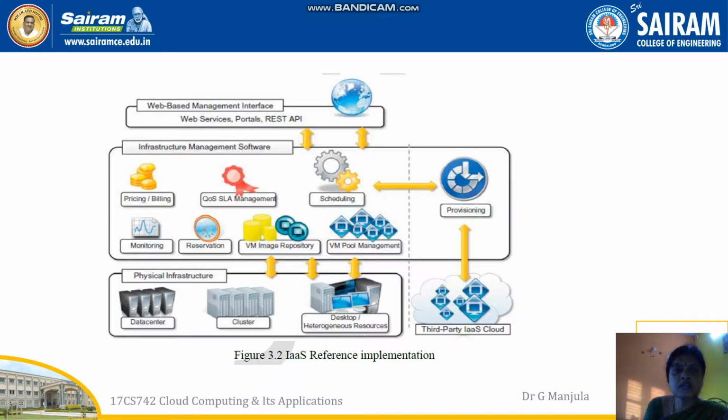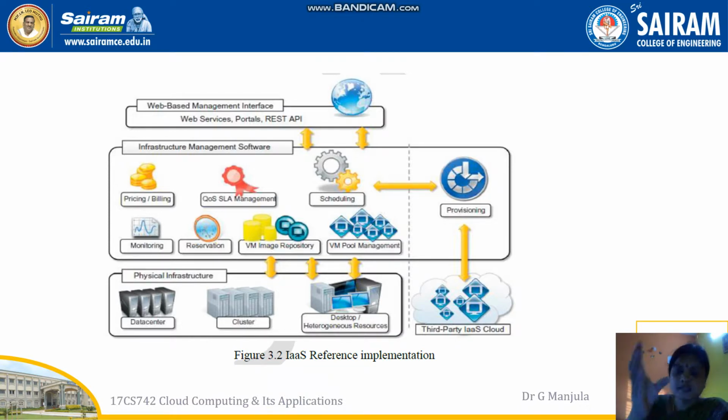In this diagram, you can see that the innermost layer is called the physical layer. You can also see that a different cloud is available, called a third party IaaS cloud. It means I can also share some hardware resources from a third party. That also comes under the category of IaaS.